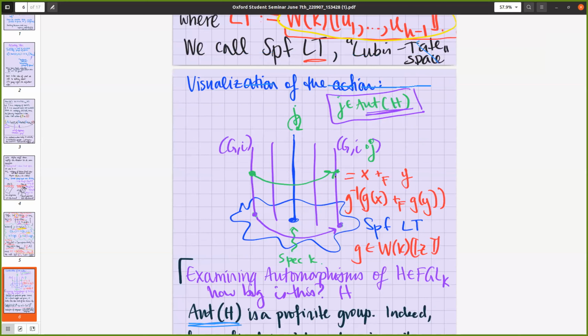Okay. So let's consider how we might visualize this action.